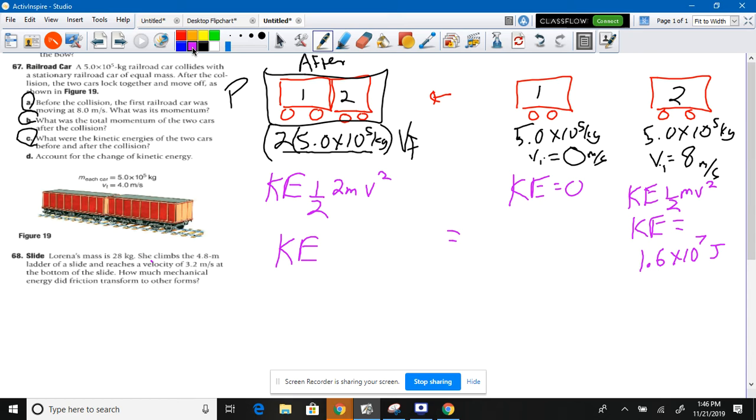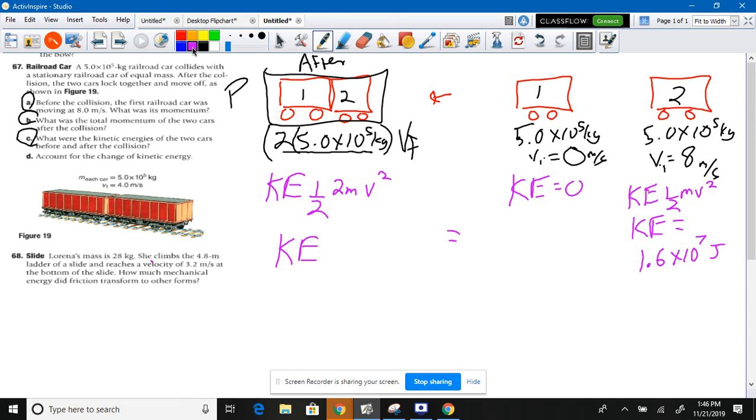Now, is our kinetic energy over here supposed to be the same as this side? No, it is not. Because when you smash train cars together, they make a tremendous noise. There's a heat exchange. There's deformed metal. So now you've got 1,000,000 kilograms times 1/2 times 4 meters per second.